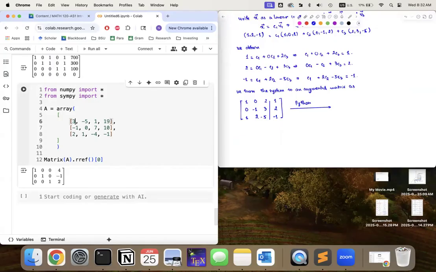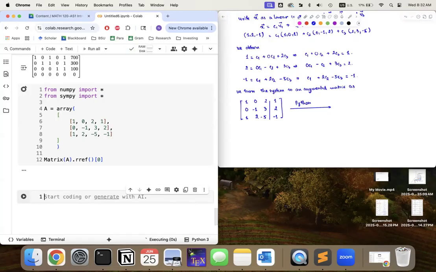So you have 1, 0, 2, 1; 0, -1, 3, 2; and 1, 2, -5, -1. You run the code and you're going to obtain a reduced row echelon form.